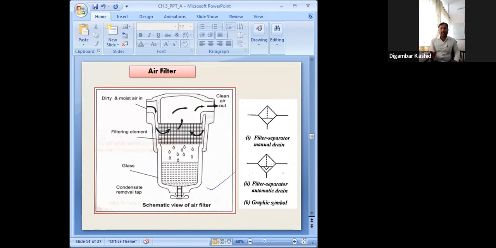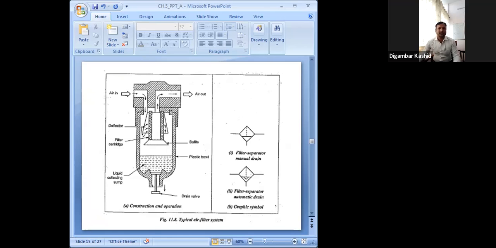Due to that, whatever vapor or heavier particles are present in the air will be separated out and collected here. These are the liquid collecting sump. You can see. Getting it? That means the air will be filtered.